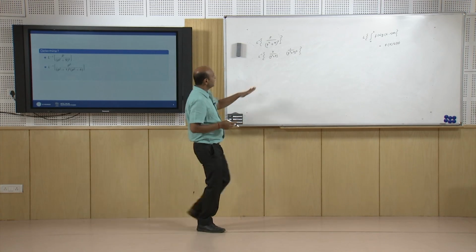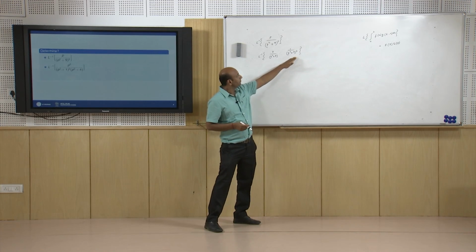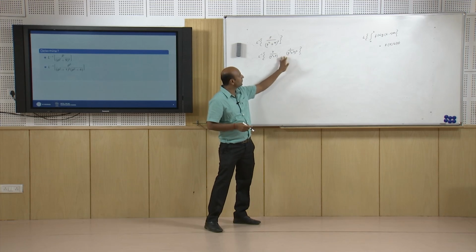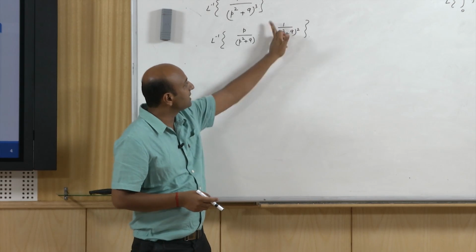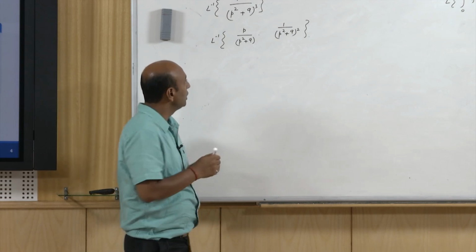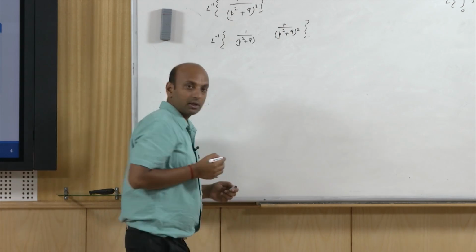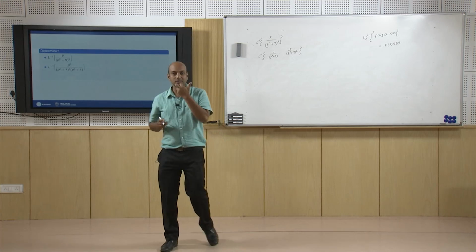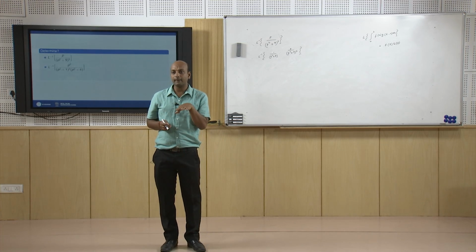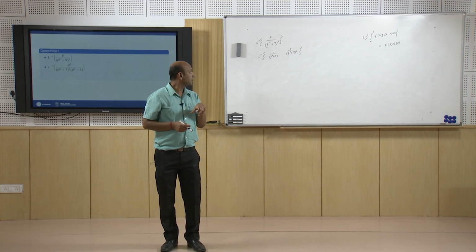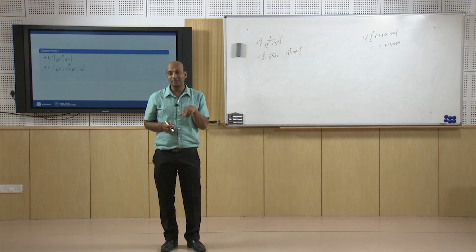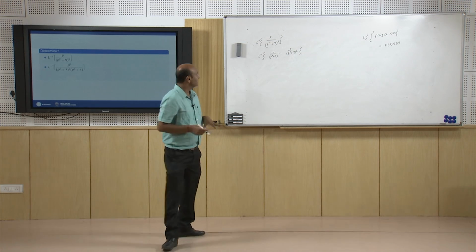Now, if you split into this form, finding Laplace inverse of this is difficult. We take p over here and 1 over here, because otherwise the Laplace inverse of 1 upon (p square plus 9) whole square is difficult. Okay.